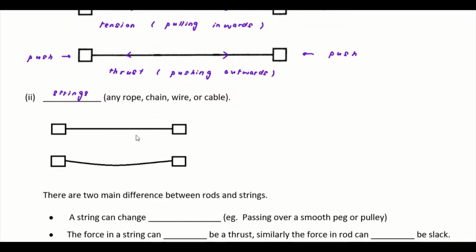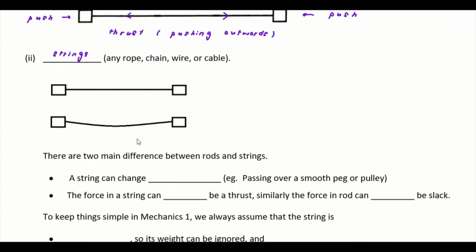So there are two main situations for string. The first one, using the common words, is the tight string. But in maths, this is called taut. It simply means that the string is tight. So we say that it's taut, so that's why there is tension in it.